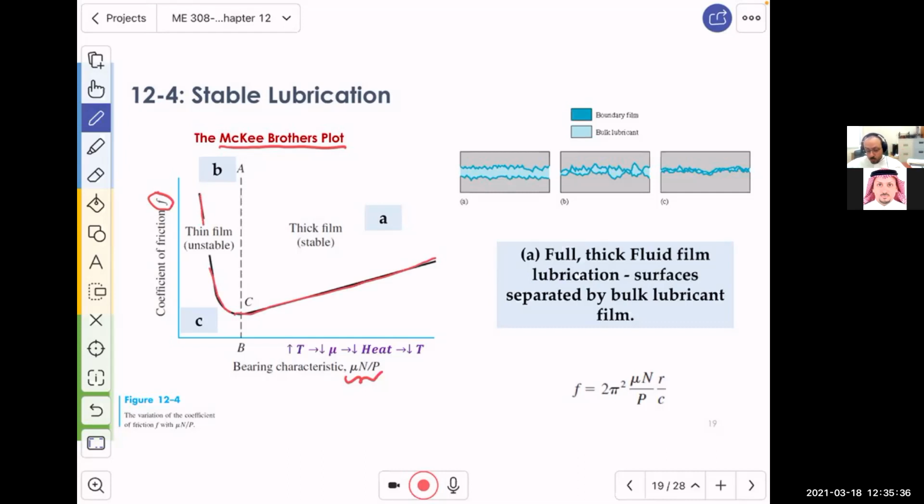On the right-hand side, we have what is known as thick film, and in parentheses, stable. On the left side, we have a thin film, and it is unstable. So what is the story?